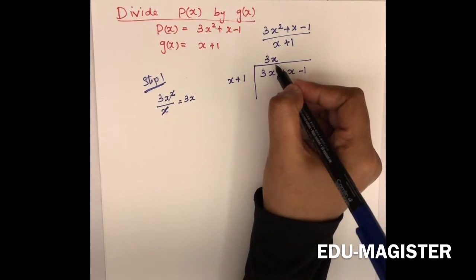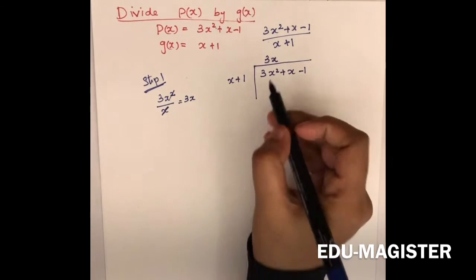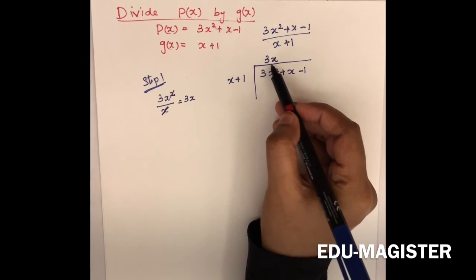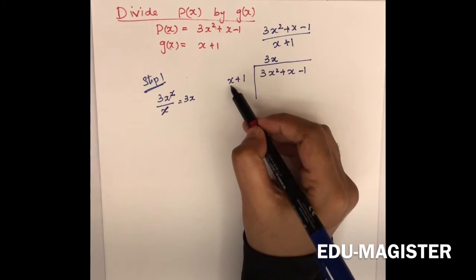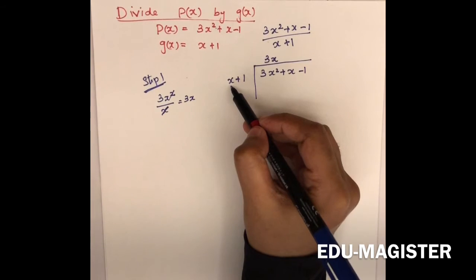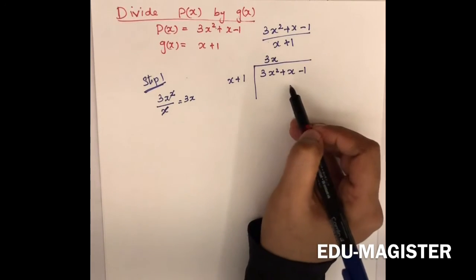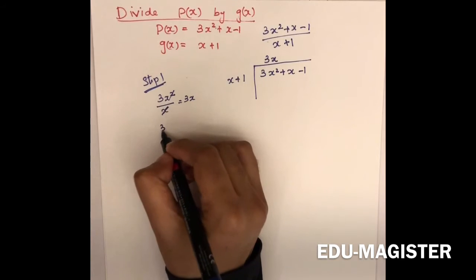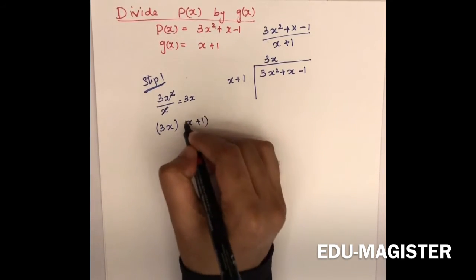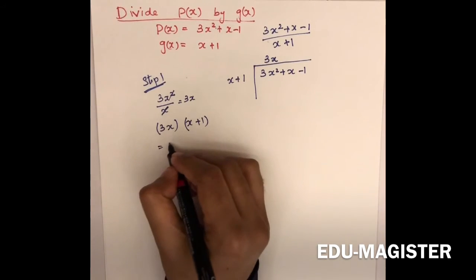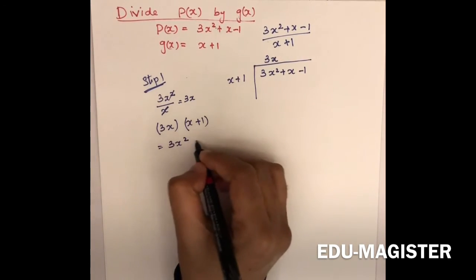So this becomes your first term of the quotient. Now in the next step, you need to multiply this quotient with this divisor and write it down here. That is 3x multiplied by x plus 1. What will you get?